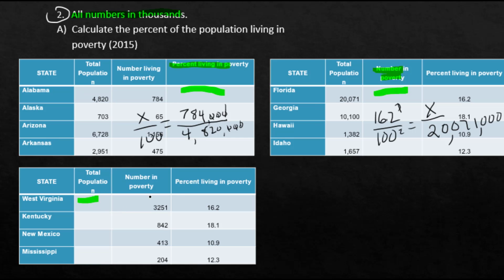So here I have the percent living in poverty, and I have poverty total, part total, and then I have the number living in poverty, 3251000 over I don't know. Cross multiply and divide. So this technique of cross multiplying and dividing can be used for all these different kinds of problems.